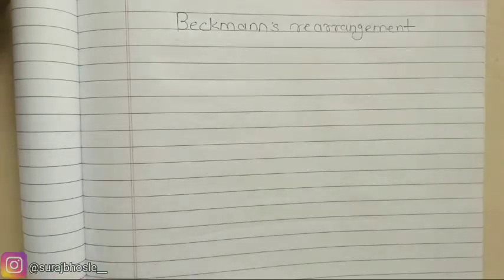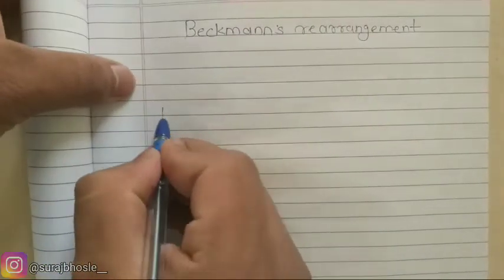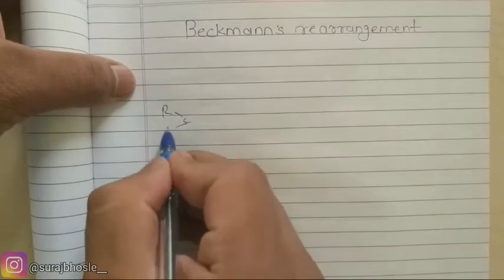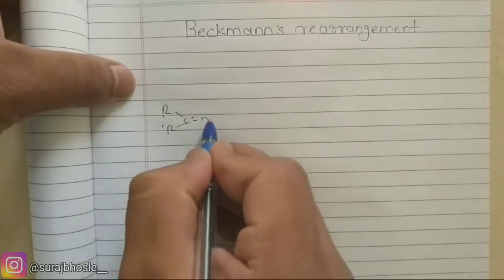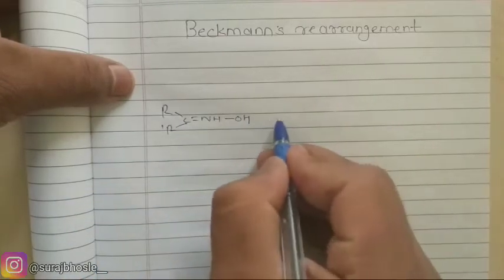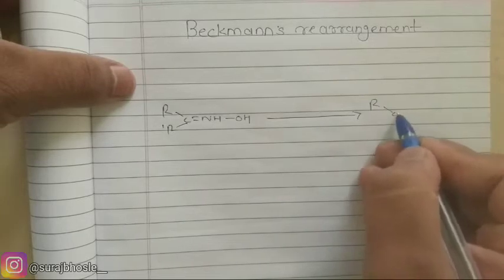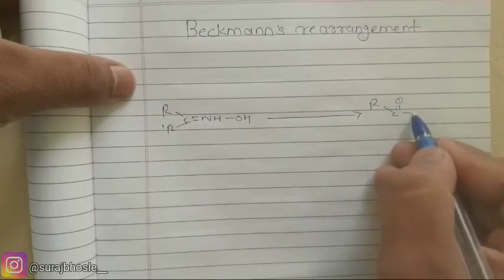Okay, so in the Bachmann's rearrangement reaction, the ketoxime, which is nothing but the C=N-OH, is going to get converted to amide.